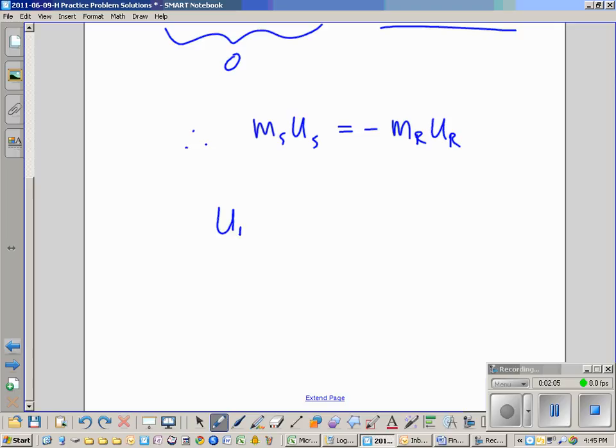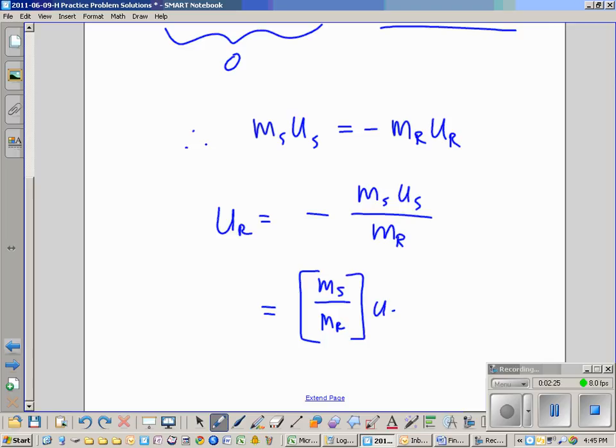So UR is equal to negative MS US over MR. Another way of thinking of that is the inverse ratio of their masses, MS over MR times US. And that's negative, and that's UR.